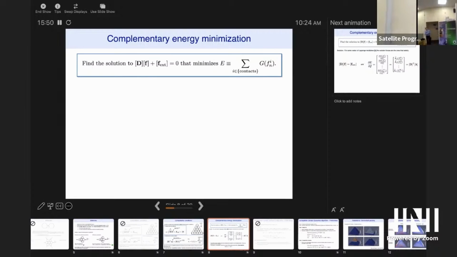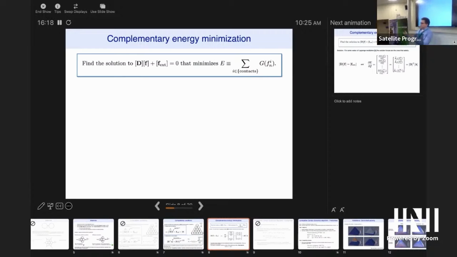So let's say find the solution to Df plus f external equals 0 that minimizes something. The first part of what I said is the force balance equation from my previous slide. That just says let's look at all the forces that satisfy force balance. That was my equation 1 on the previous slide. Of those, I want you to look at this function E that sums the complementary energy.